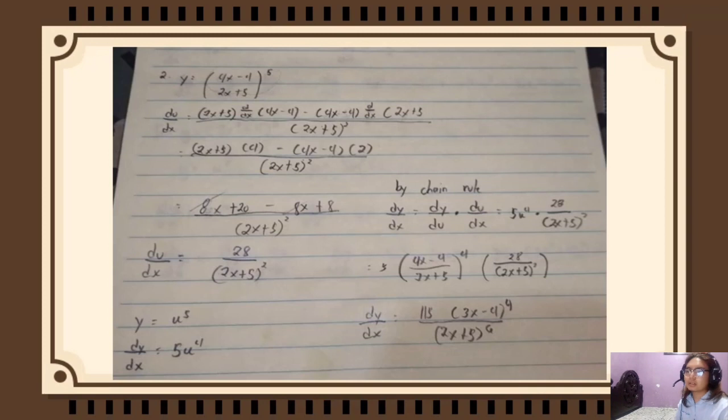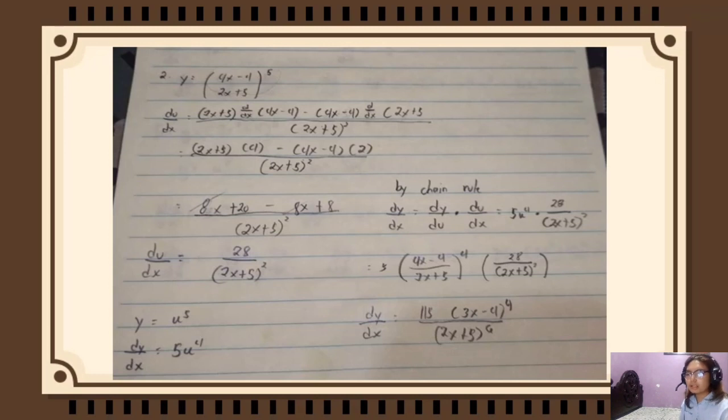Negative 8 siya, di ba? Ngayon, bakit positive dito? Kasi minultiply natin siya dito sa negative. So, ang naging ano niya ay negative 8x, positive 8. Okay? All over 2x plus 5. Ayun na.